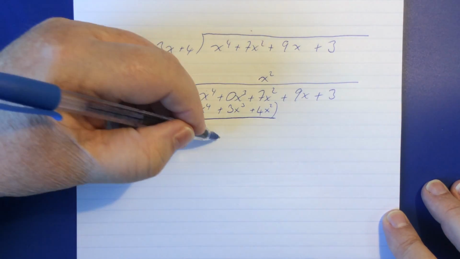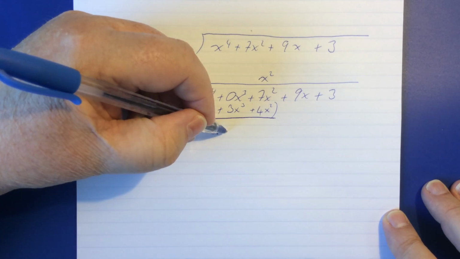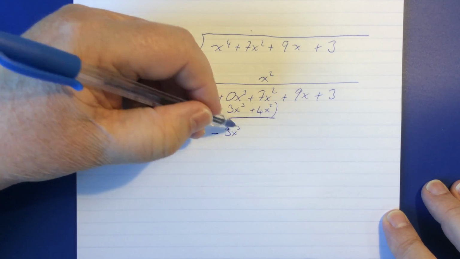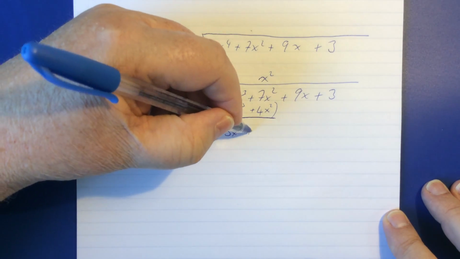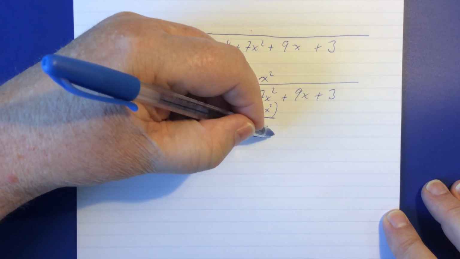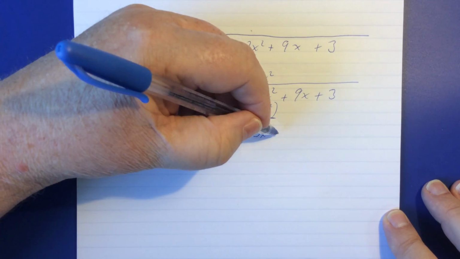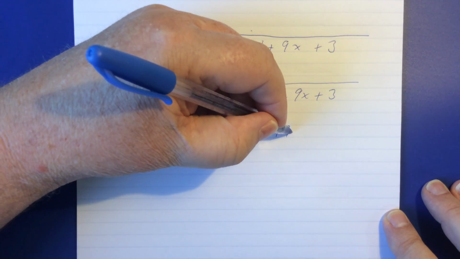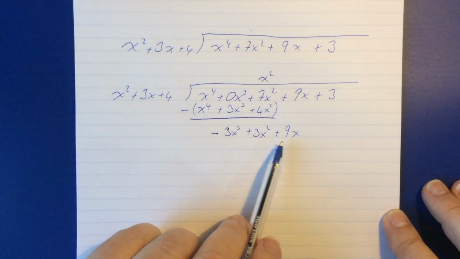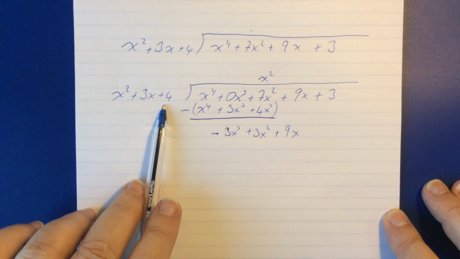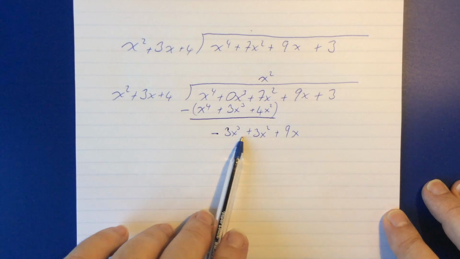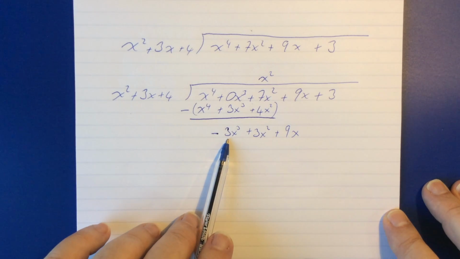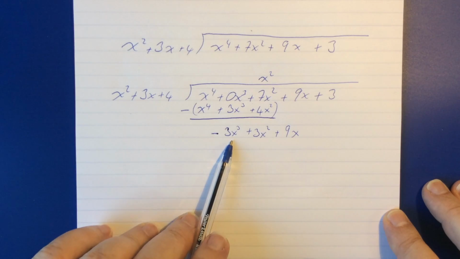So what does that get me? It gets me negative 3x cubed plus 3x squared, and I bring down the 9x. So all the time, because I'm dividing by a trinomial, I make sure that I have 3 expressions in here.